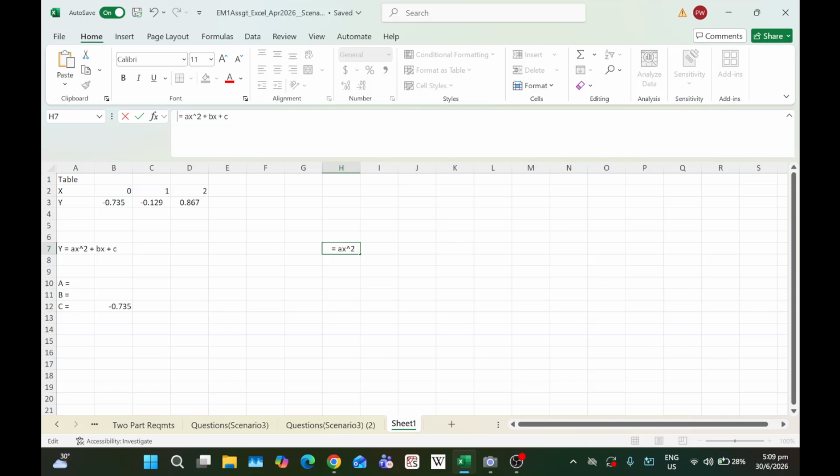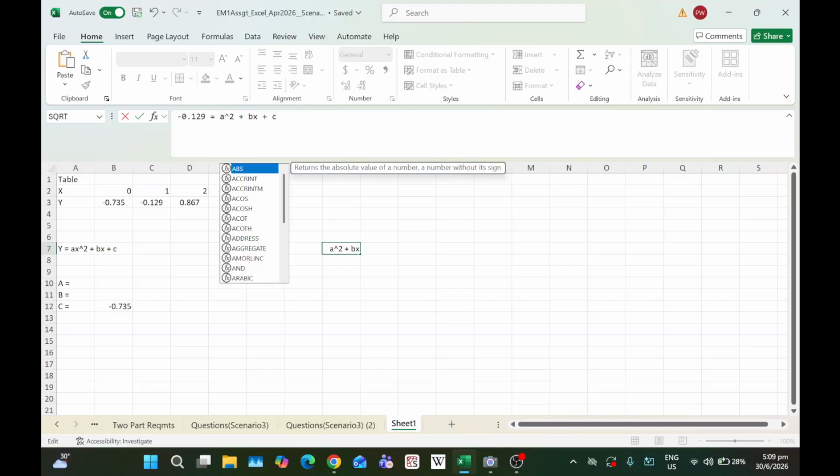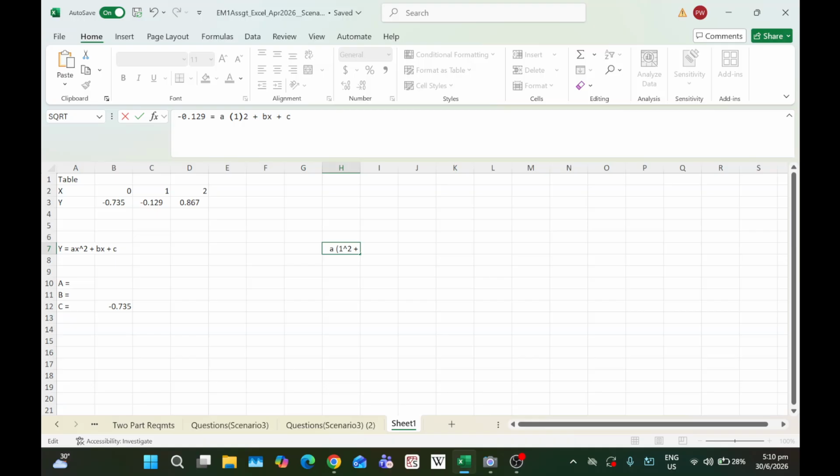So once again, substituting it in, it will be negative 0.129 equals A times 1 squared plus B times 1.